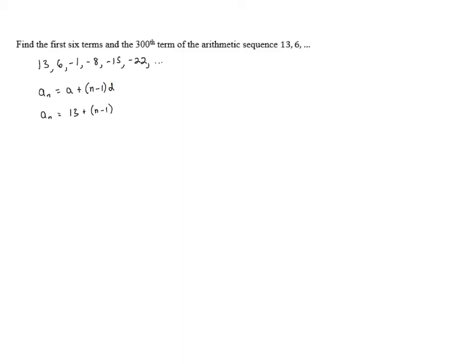Now remember, the common difference is the second term minus the first, or any term minus the term that came before it. So in this case, 6 minus 13 is -7.